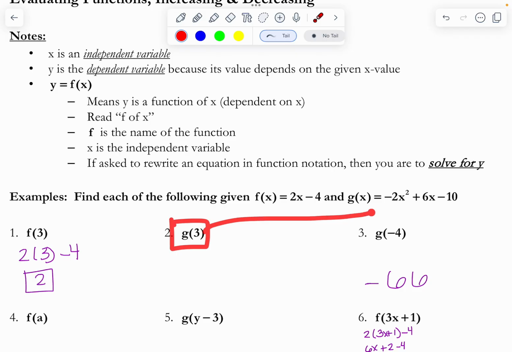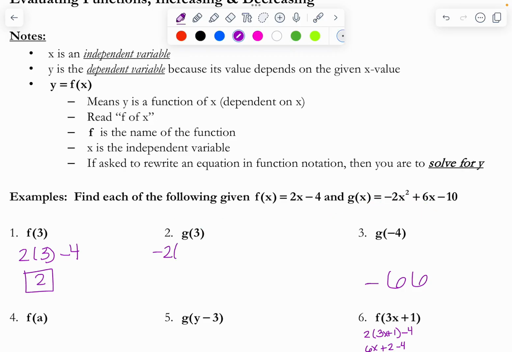Our next one is g of 3. So now I'm going to use the function with g of x, and I'm going to replace 3 wherever I see an x. So I have negative 2, and we have to be careful that we have that negative. You can use a scientific calculator. Plus 6 times 3 minus 10. Just make sure that you use your negative sign correctly.